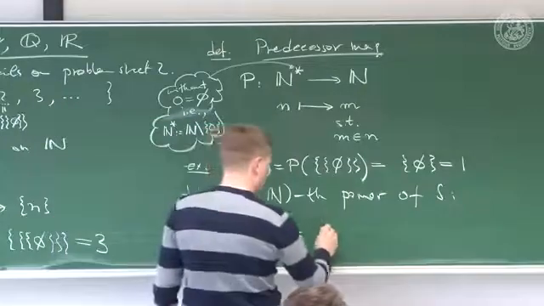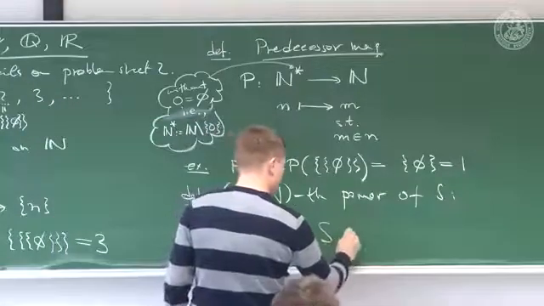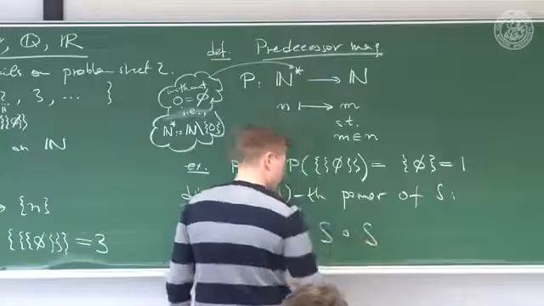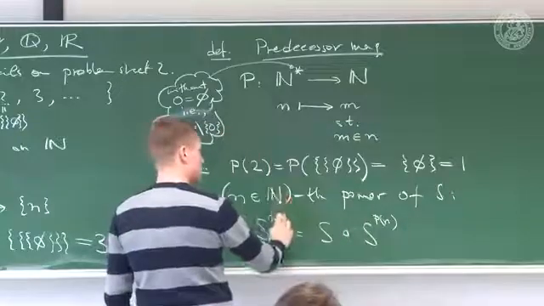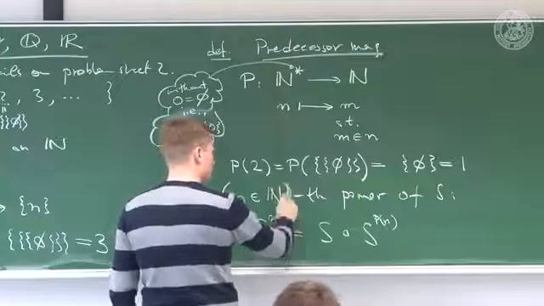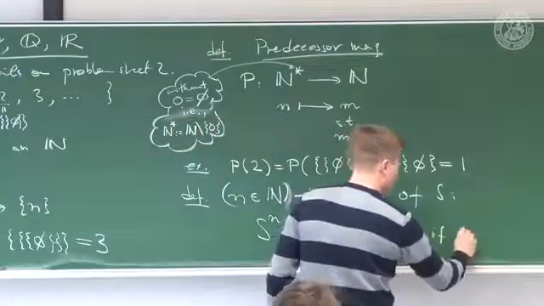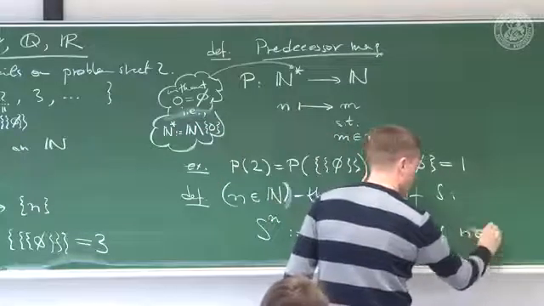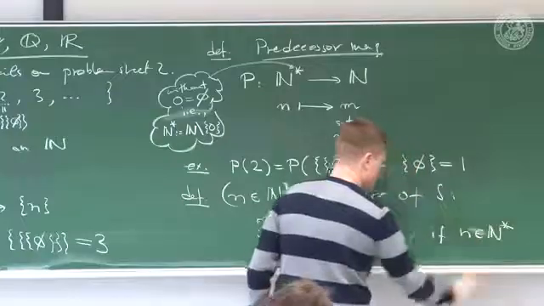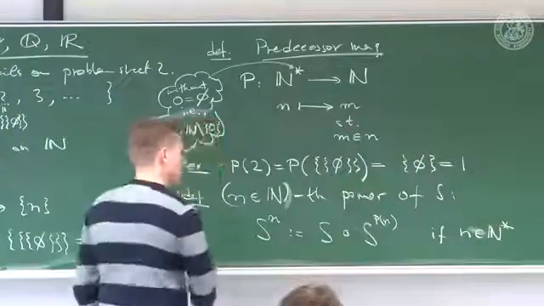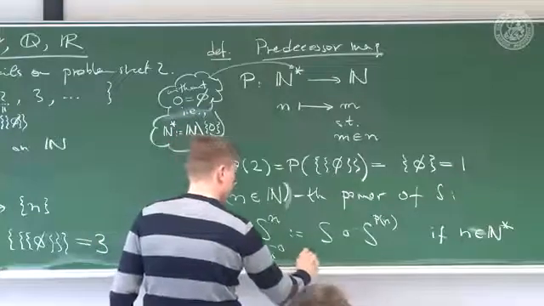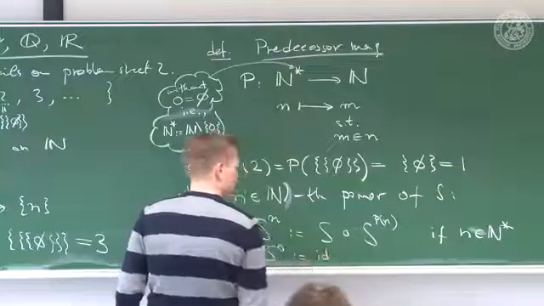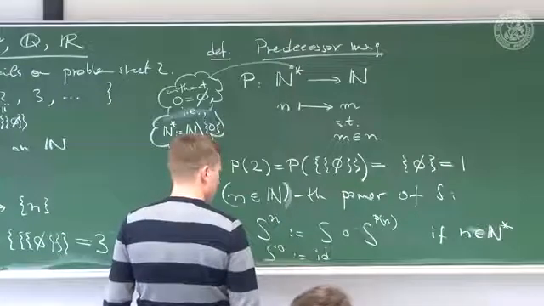Well, it's defined as S after S to the predecessor map of n, if n indeed comes from N star, because only then can I write this, and we define S to the 0 to be the identity.